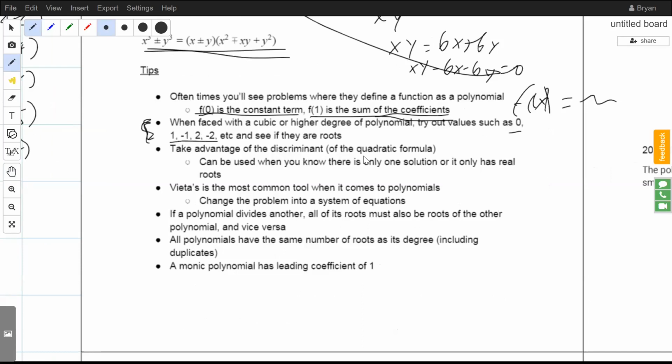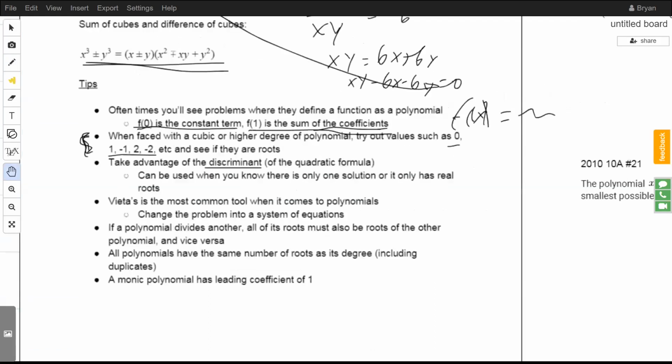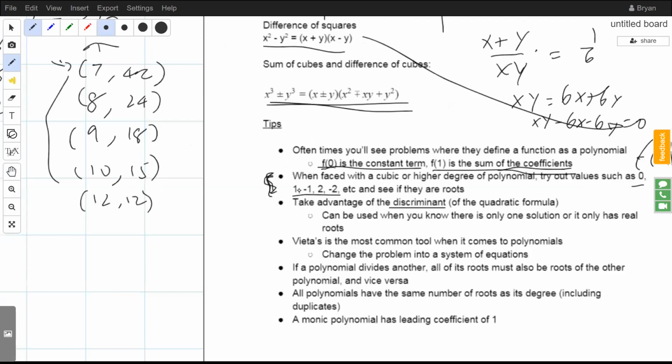When it comes to quadratics, I think the discriminant of the quadratic formula is a very useful tool. For example, if a quadratic has one real root, since it's quadratic, it means it's a double root, where both roots are the same, and the discriminant is 0.